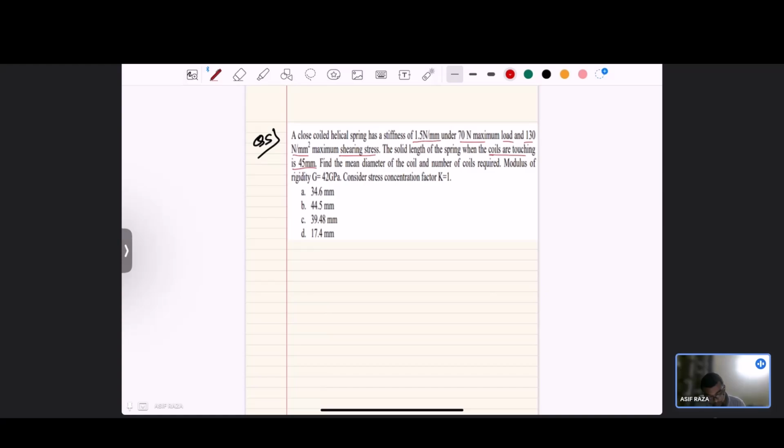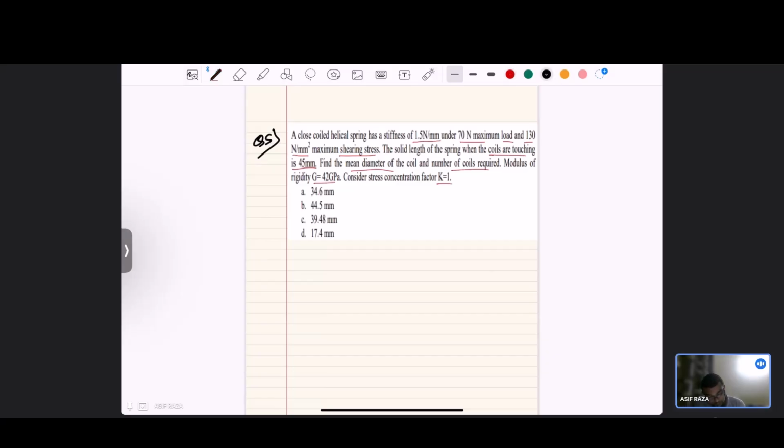Find the mean diameter of the coil and number of coils required. Modulus of rigidity is given as 42 gigapascal. Consider stress concentration factor K equal to 1. So earlier which we used K as here the value is given as 1.